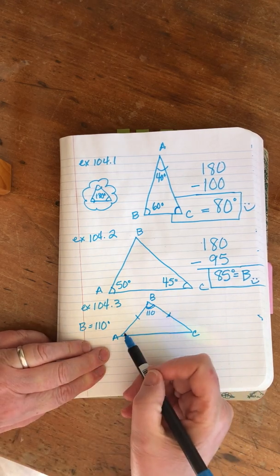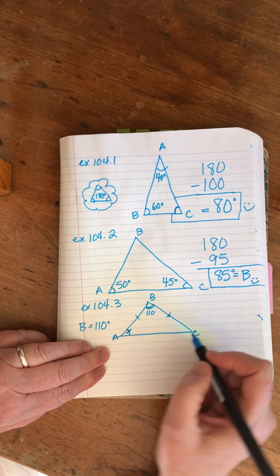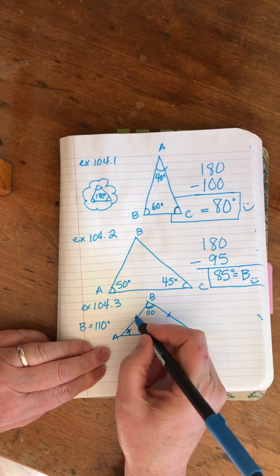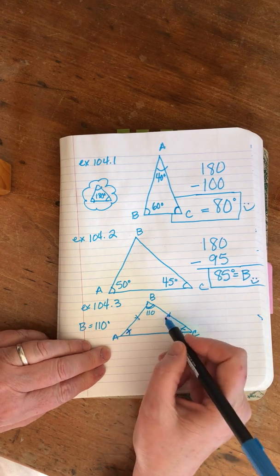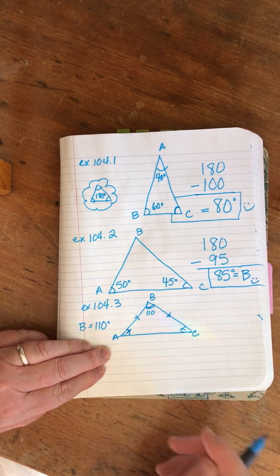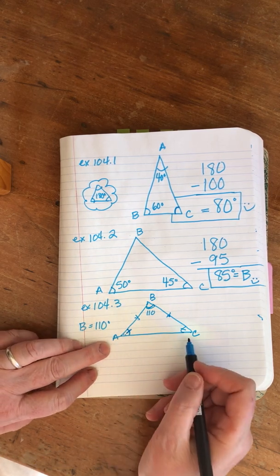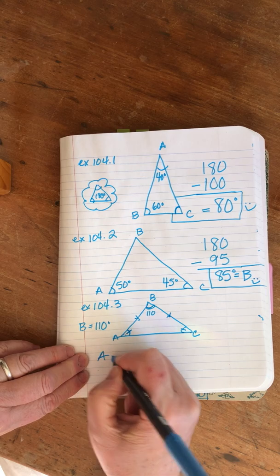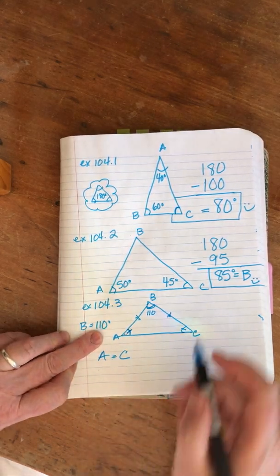So this angle goes with that side, and this angle goes with that side. And so if these two sides are equal, then these opposing angles must be equal. And that means that A equals C.